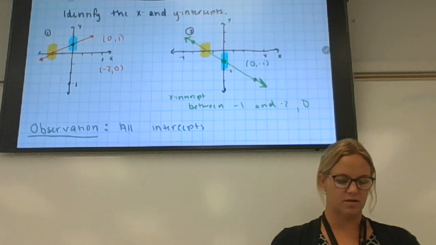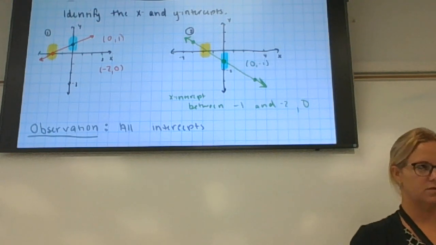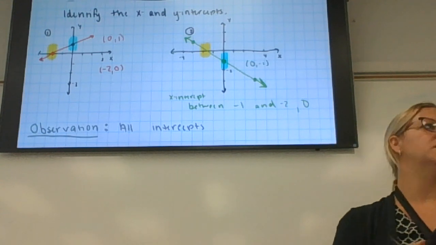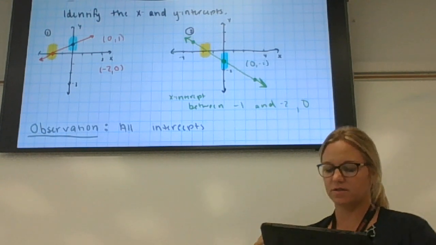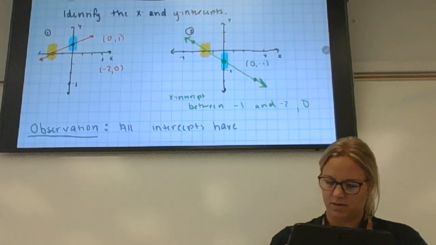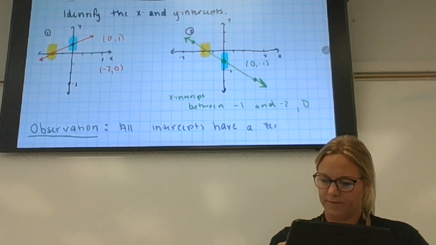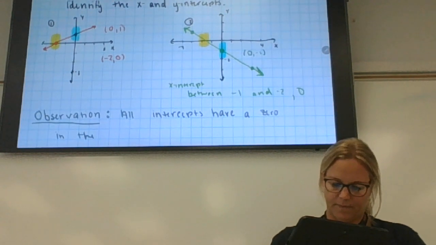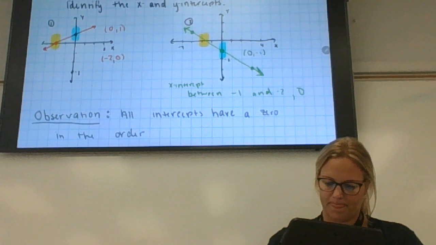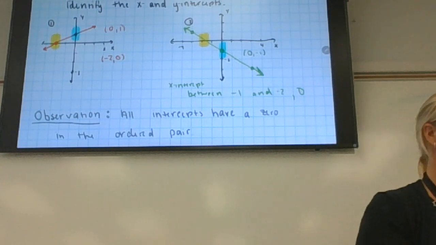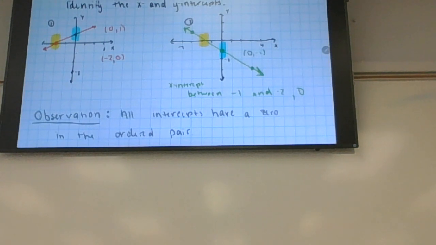Dorian? Either the x value or the y value is equal to 0. Yeah, all intercepts have a 0 in their ordered pairs. You're probably noticing that, maybe not putting words to it, but yeah, all intercepts have zeros.